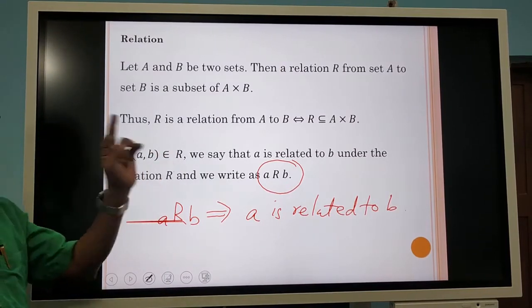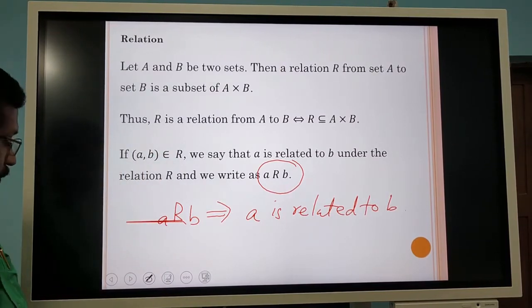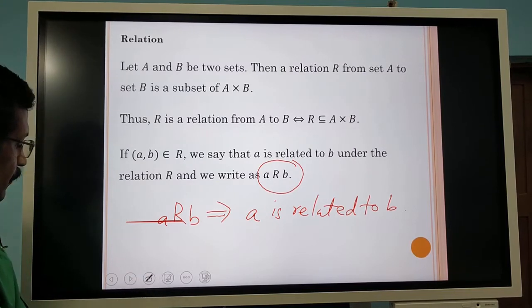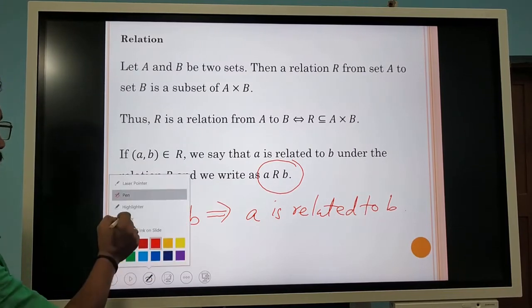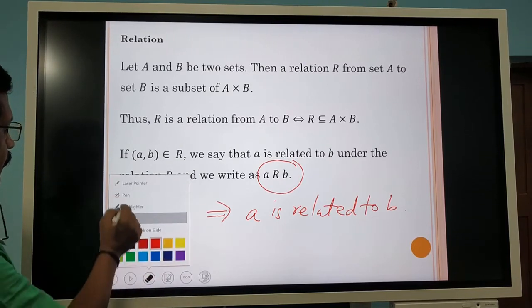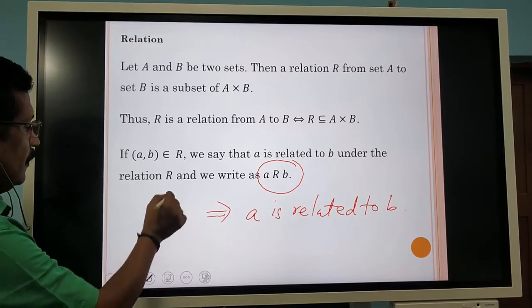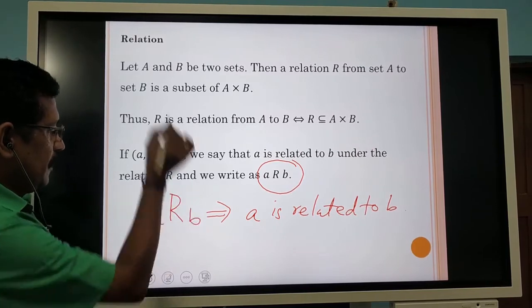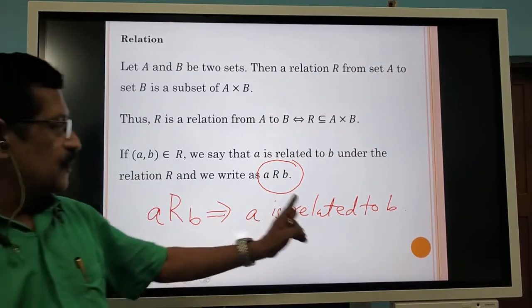So if ordered pair (a, b) is an element of R, then aRb.